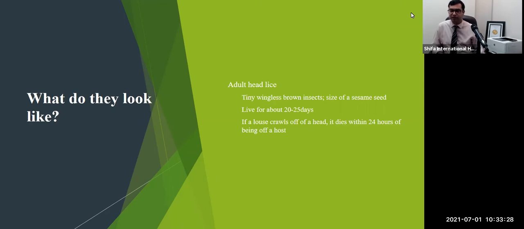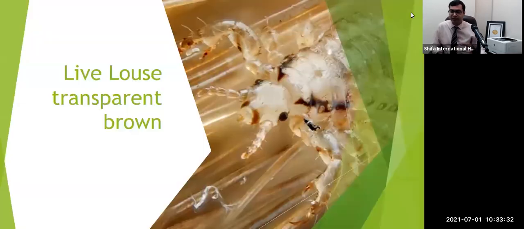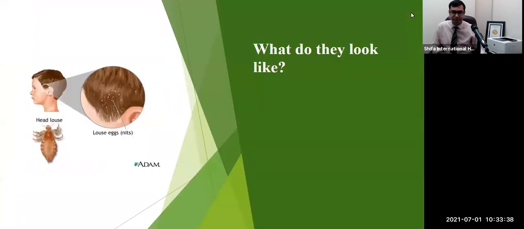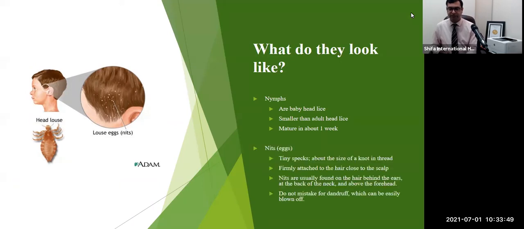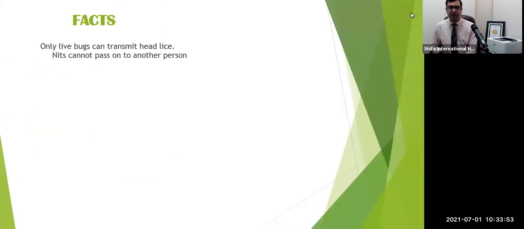It's not that if you brush your hair and they've fallen off, in another day or two they will infect anybody else. They are only alive for 24 hours, and you can see, unfortunately, with the magnification they look so horrible. As I've already mentioned, there are babies, then medium-sized ones or nymphs, and then adults, and they usually mature in about a week's time.